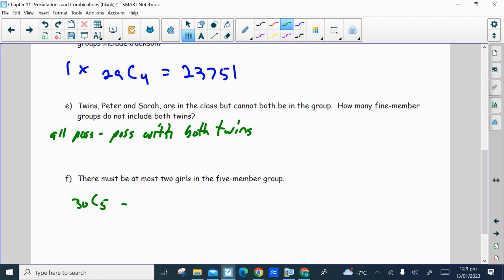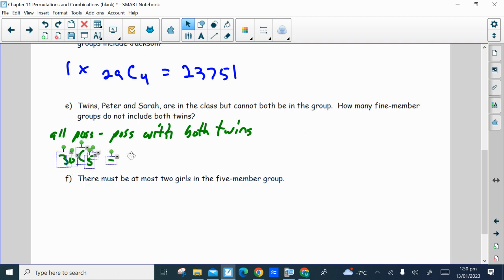Now, what about the number of groups with, whoops, I put that in the wrong spot. Put that back up here. So what about the possibilities with both twins in there? So we wanted 5 people. If both twins are there, now we only have 3 left to choose, and we're going to choose from the remaining 28 students, right? We started with 30 students. If we take the 2 twins out, now we only have 28.